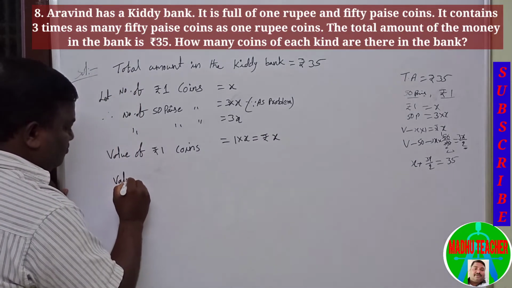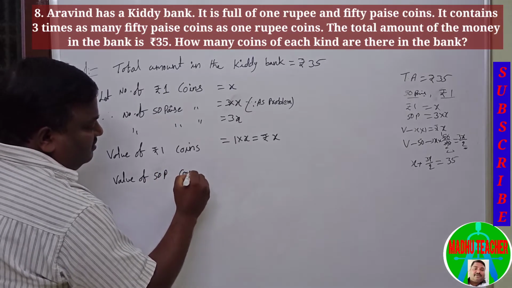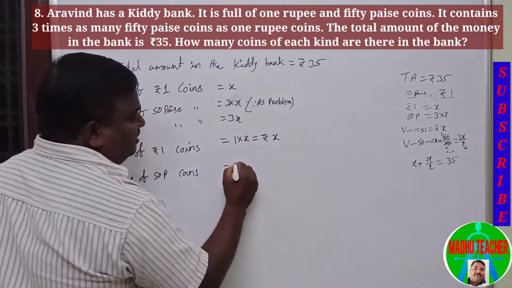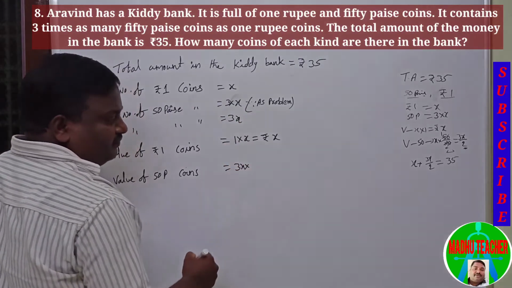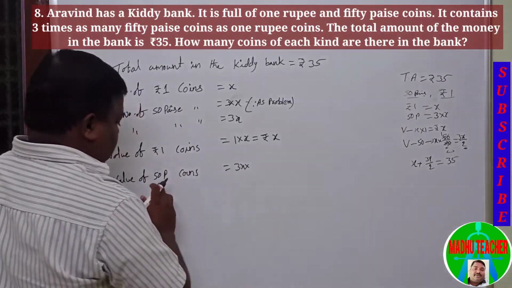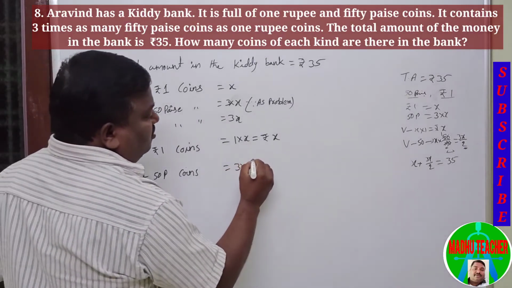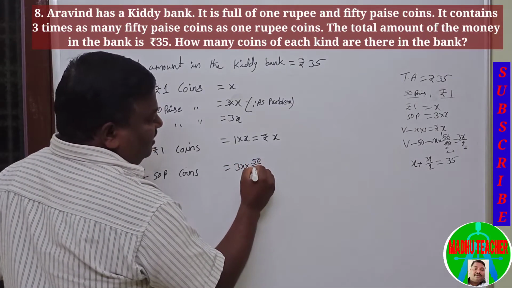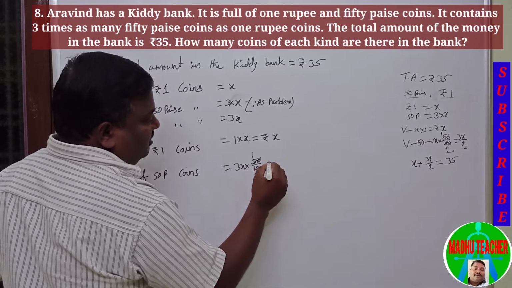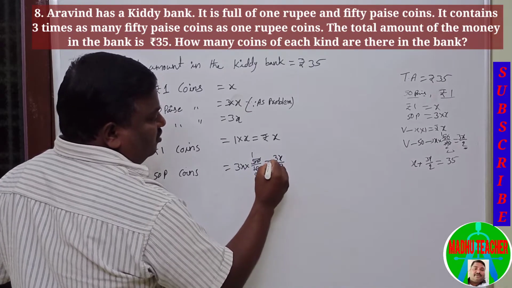Value of 50 paise coins: how many coins are there? 3x into the value of 1 coin of 50 paise, so here it is 50 paise, changing into rupees. 1 rupee equals 100 paise. So 50 by 100, the 0s get cancelled, 5 ones are 5, 5 twos are 10. That equals 3x into 1, 3x by 2 rupees.